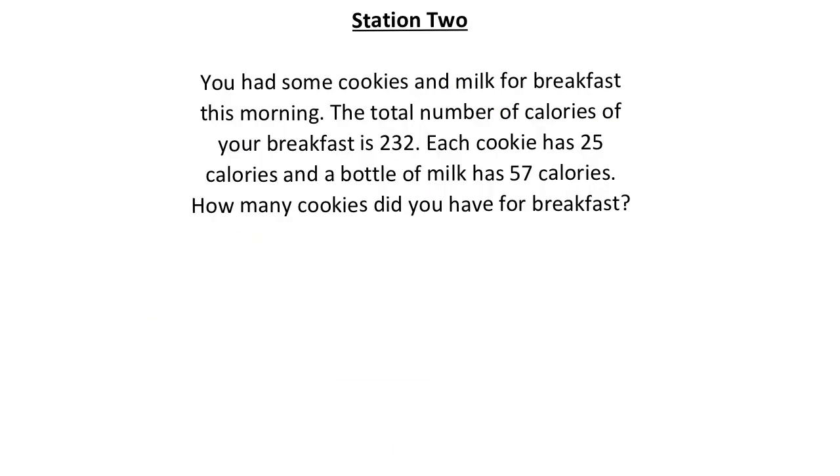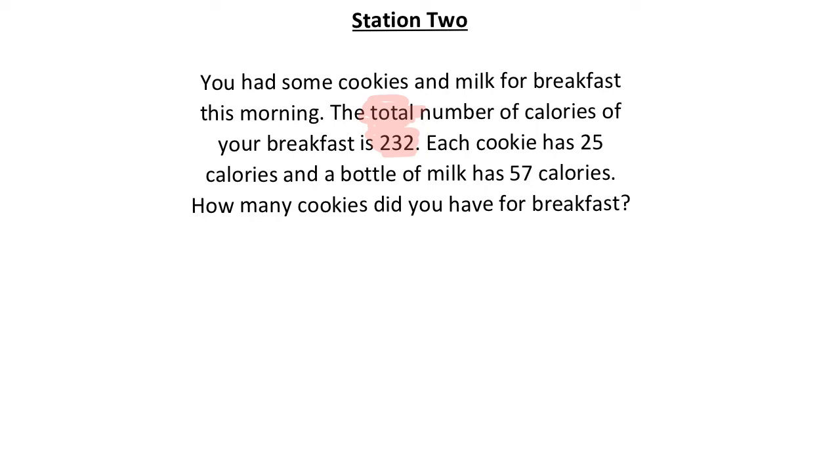All right, we have a second scenario here. It says we had some cookies and milk for breakfast this morning. The total number of calories for your breakfast, so keyword total, is 232. So I'm going to highlight that together. I'm going to use that amount here in just a moment, but let me keep reading and find out some other details.